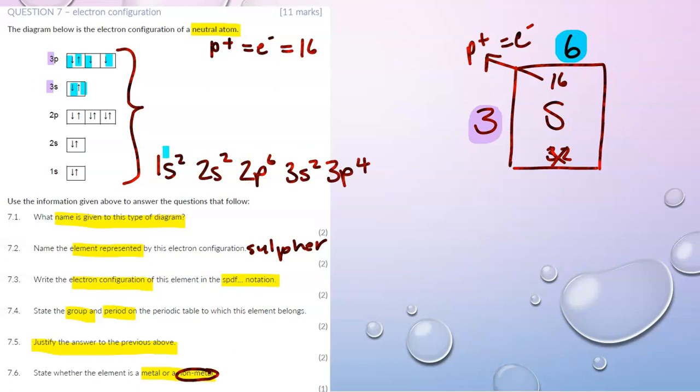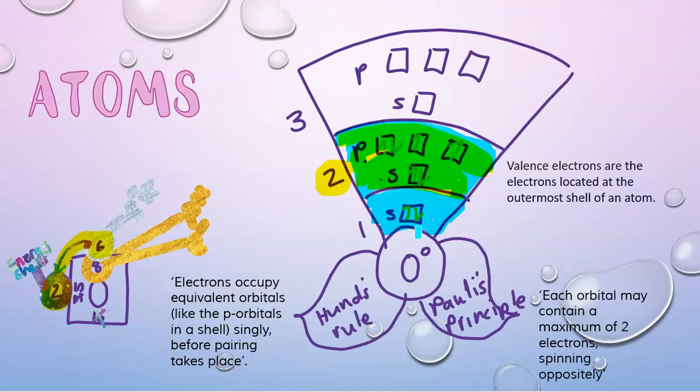Now, just to remind you a little bit about what we learned here, we have energy shells on the inside, and the electrons that are housed there will always stay with the atom. They will never be shared. But the electrons in the outer shell, those are our valence electrons, they will be shared. You can actually see that in the SP notation.